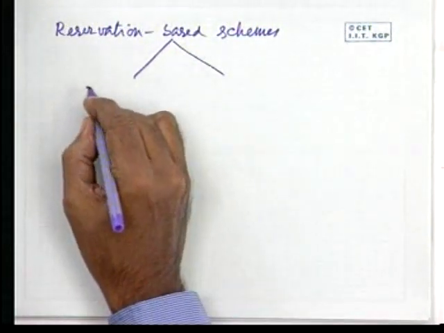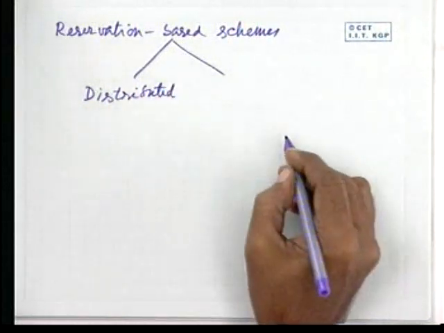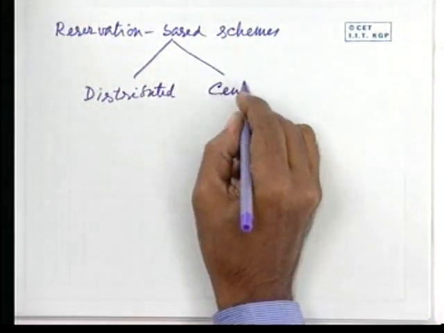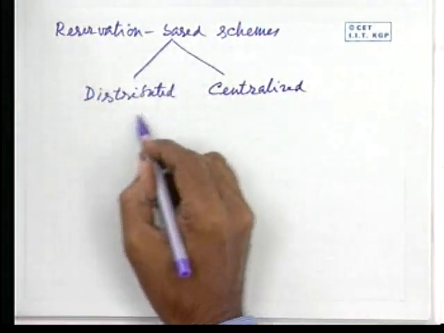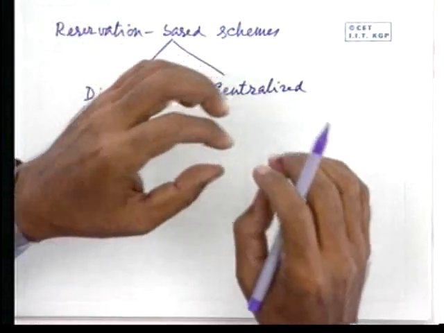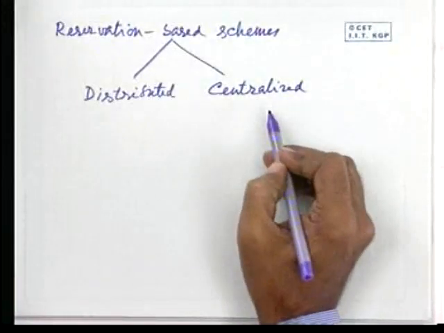They can be distributed or centralized. We can devise a scheme where all the ground stations will take part, will do the medium access control in a collective manner. Another possibility is that there will be one ground station which will act as master to perform the medium access control. So both the techniques can be used.